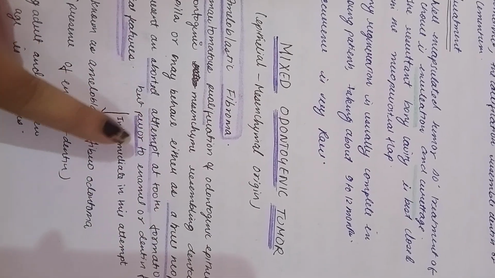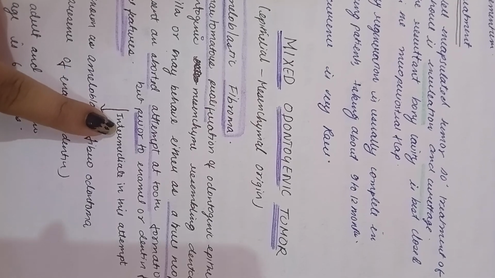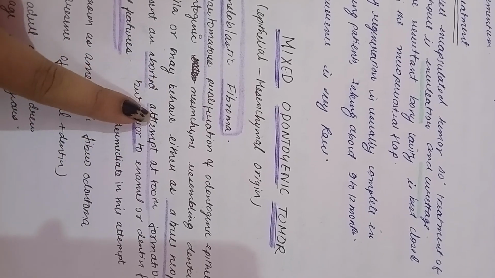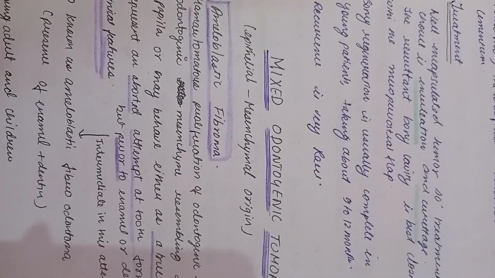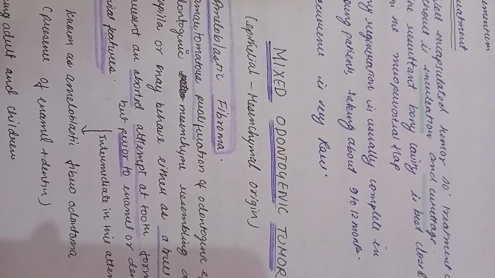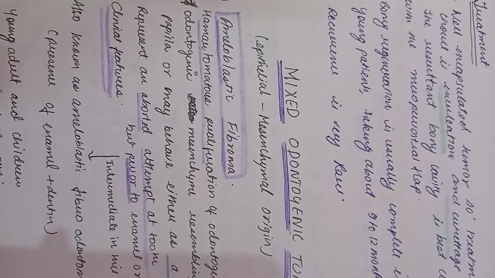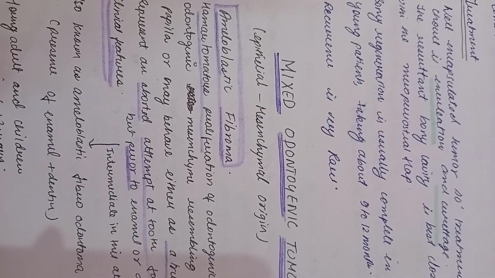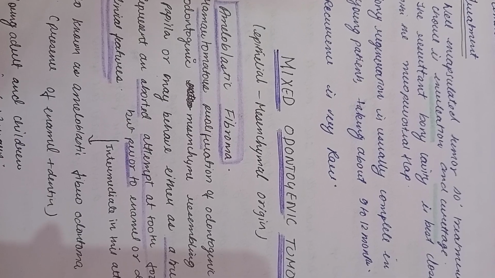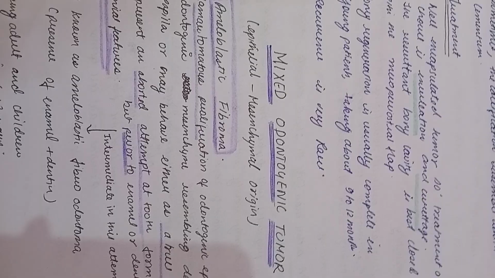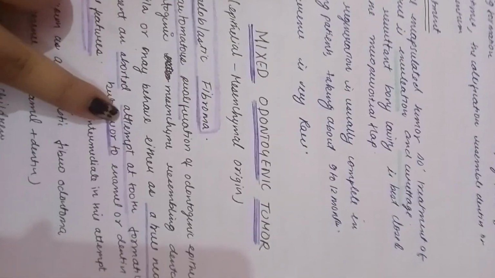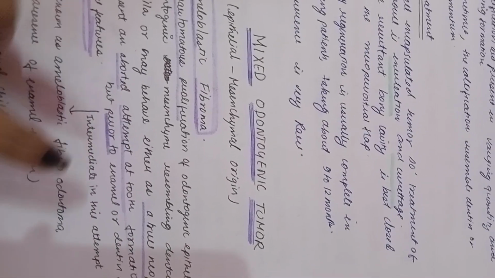If this process comes to an intermediate stage, meaning in the aborted tooth formation some dentine and enamel has also formed, not completely but a little, it will be known as ameloblastic fibroodontoma, not ameloblastic fibroma. So it is an intermediate step, when the aborted attempt at tooth formation is going on.